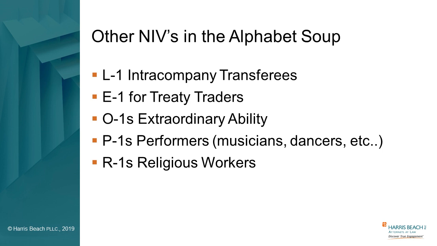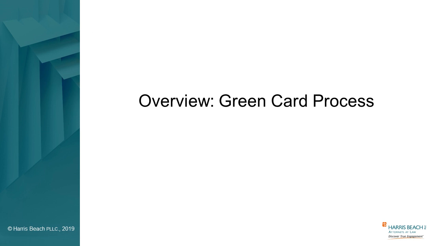It's a lot more time-intensive work-wise, and the standard is very high to prove that. But it is an option if for some reason the H-1B is not available to you. P1s, again, a work visa status for performers, musicians in the arts, and R1s for religious workers.